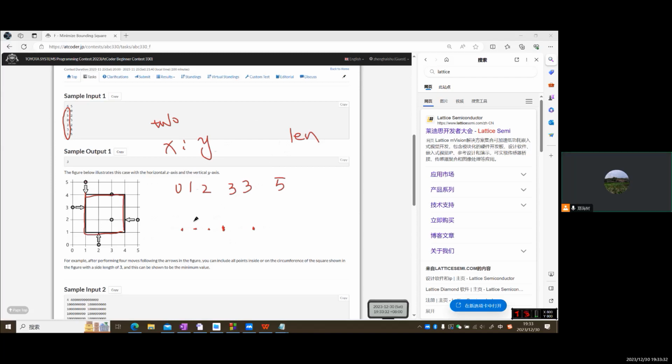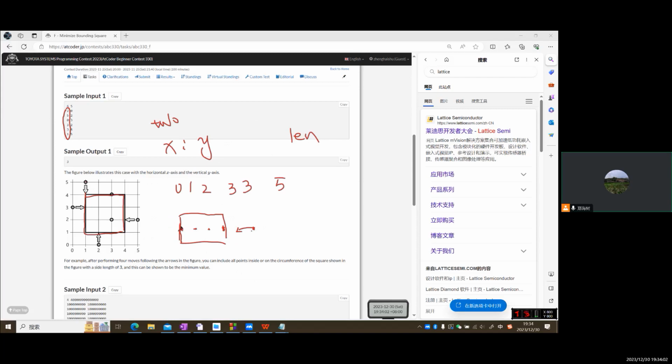Now the square must be put onto these points like this. Okay, here we need to move, and here we need to move. We can also put the square here.